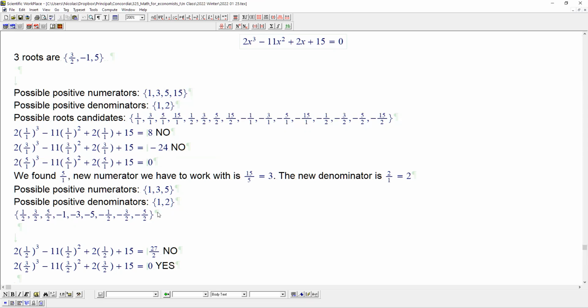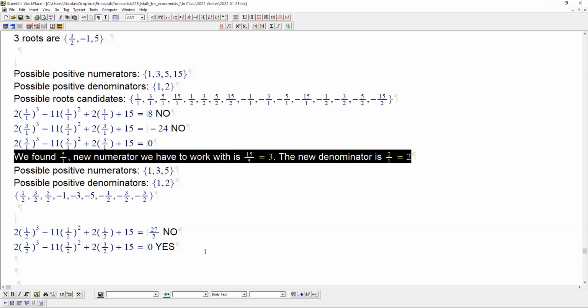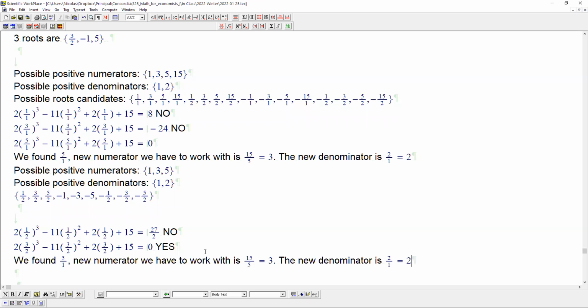So that's easy in a way, because now we exclude almost everything. So yeah, now the denominator becomes 15 divided by, sorry. So we found 3/2.